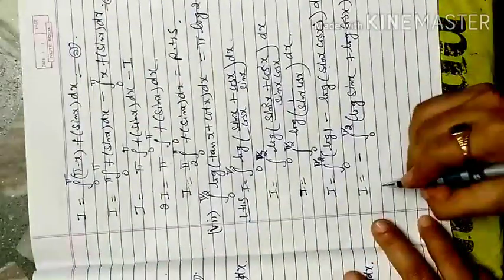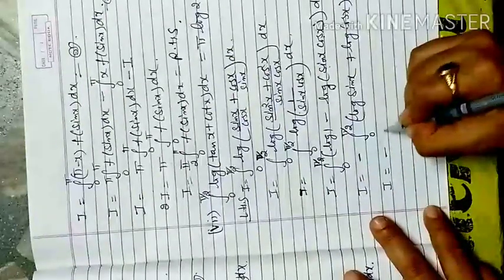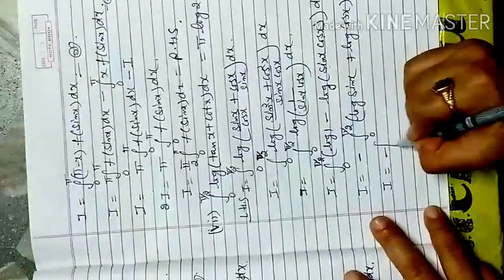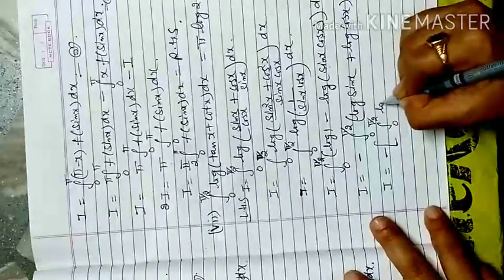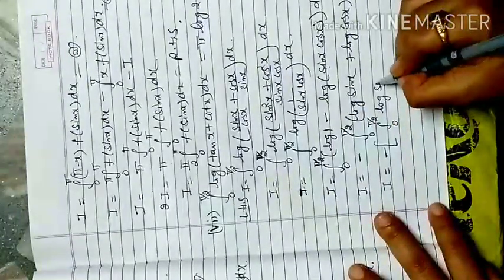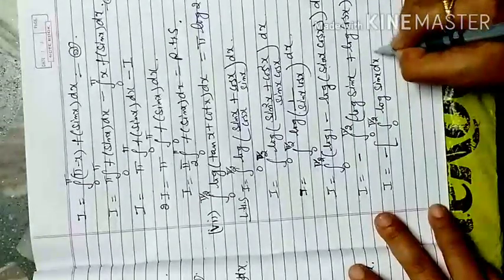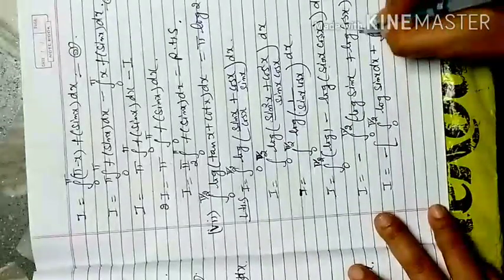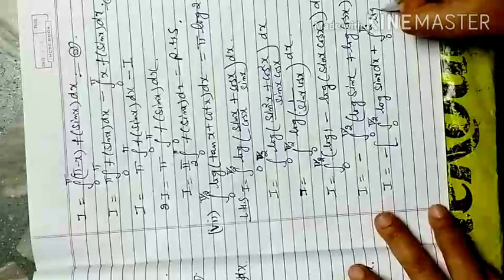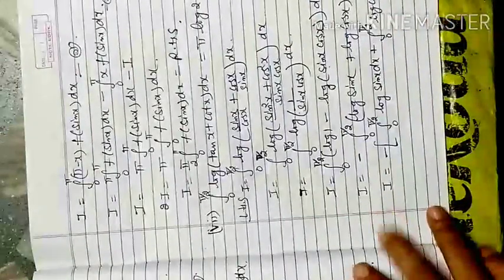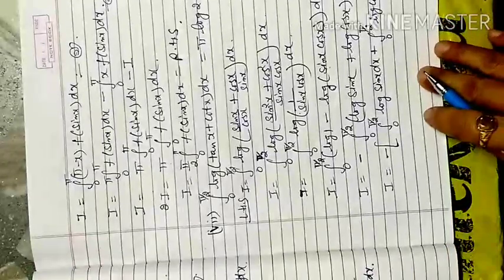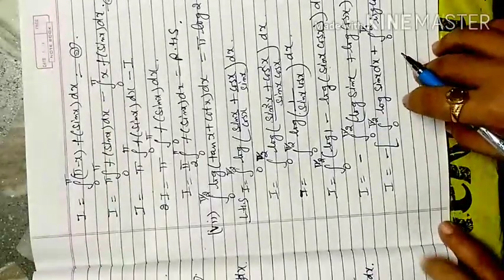So when you further solve this, I is equal to minus, you separate, keep the negative sign outside as it is, integral 0 to pi by 2 log sin x dx plus integral 0 to pi by 2 log cos x dx. We already have the formula here. We do not need to prove that, we apply the formula here.